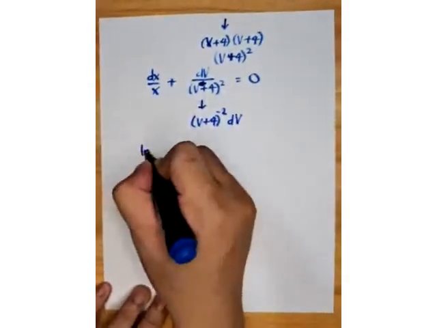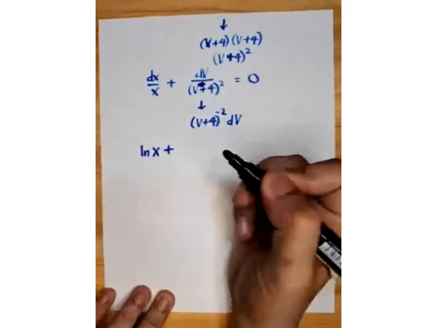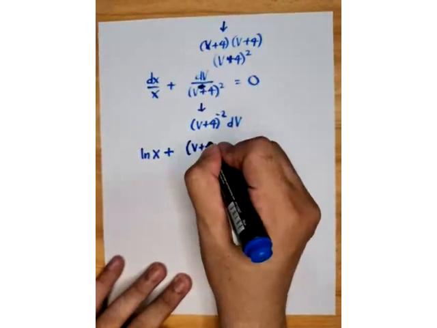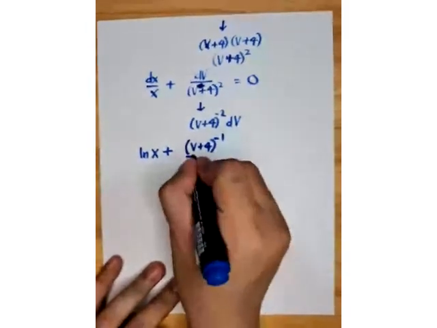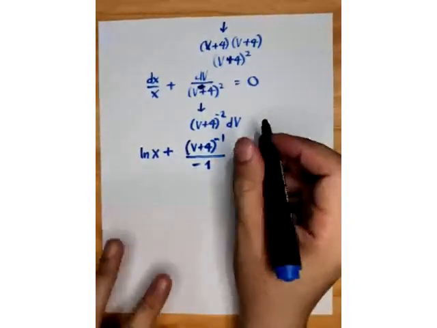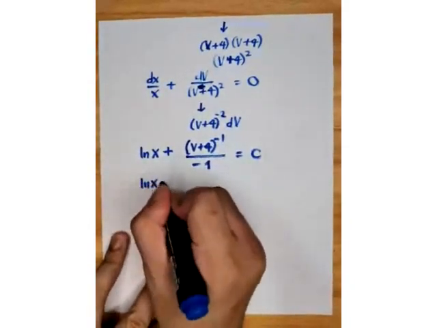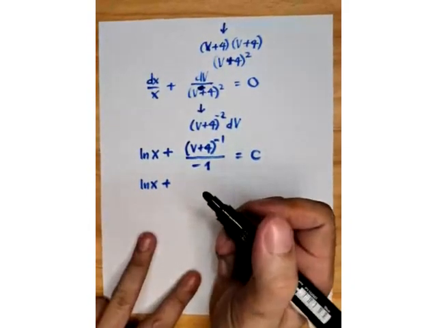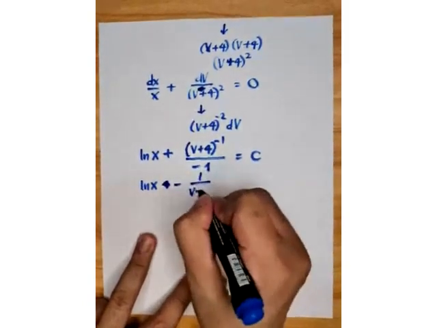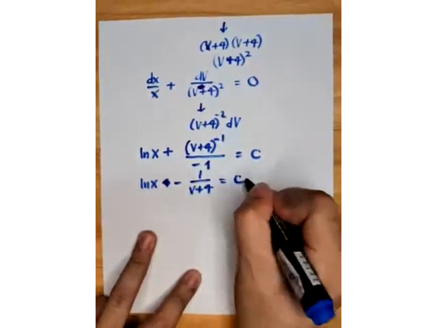So we'll have ln of x plus v plus 4 raised to negative 1 over negative 1 is equal to c. Ayan. So we'll have ln of x minus 1 over v plus 4 is equal to c.